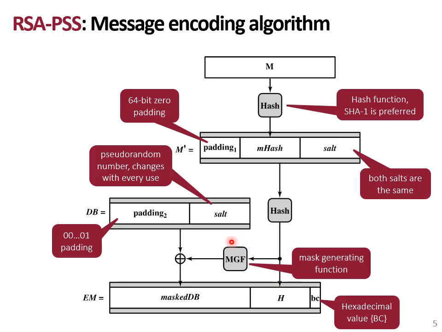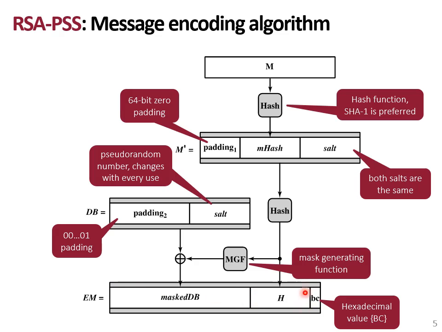It's also used as input for the mask generation function and XORed with the value dB. dB contains padding, zeros followed by a 1, and also the same salt. This XORed value of dB is called masked dB and is appended at the front of the value EM.